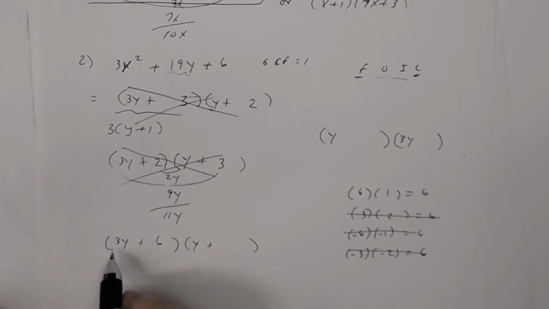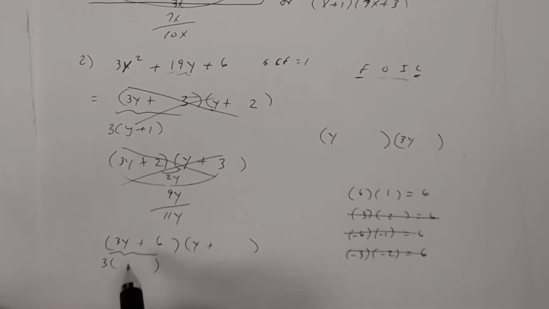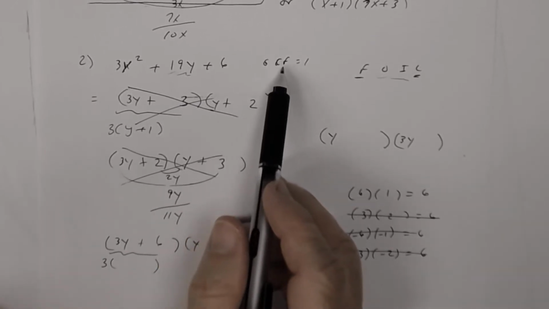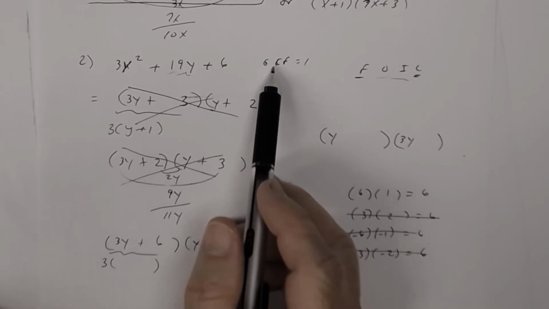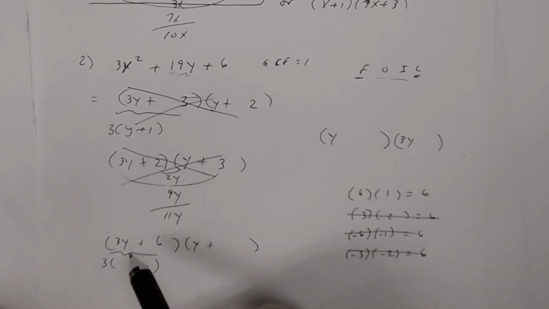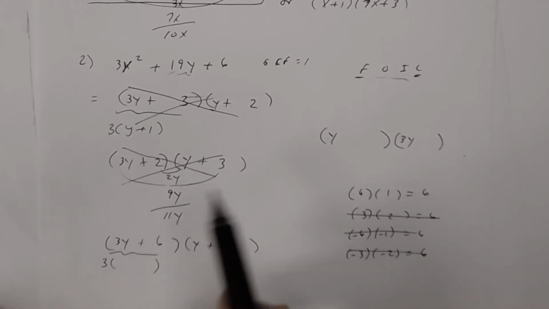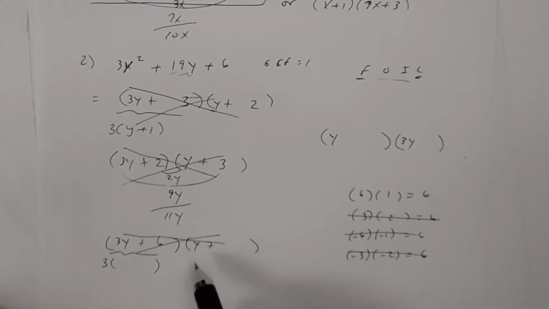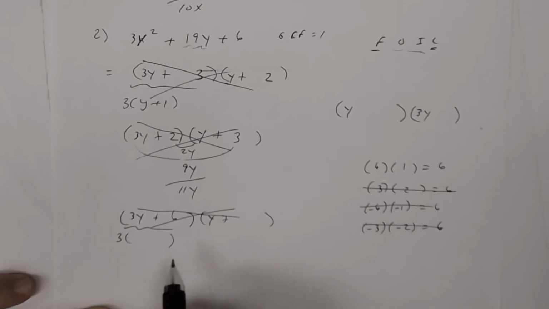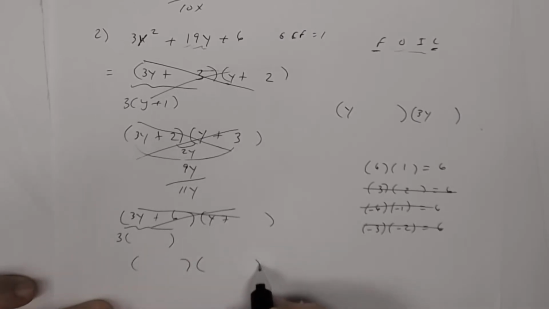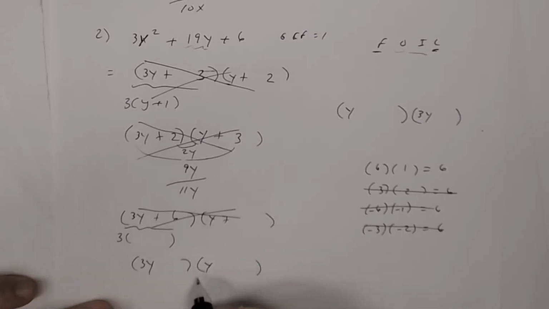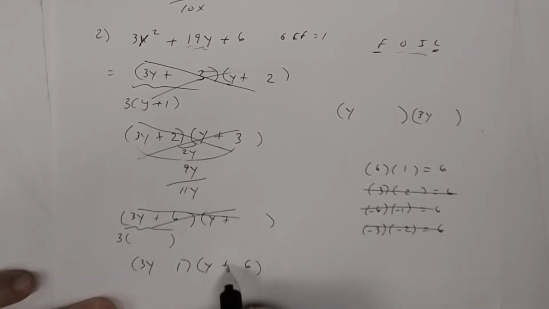If you put the 6 here, that means I can factor out a 3, which means that the GCF is not going to be 1, which it is. Because 19 is not divisible by 3, 6 cannot go there. So that means I've got to put the 6 here. So I get 3y, y, and then 6 and 1, and then plus plus.